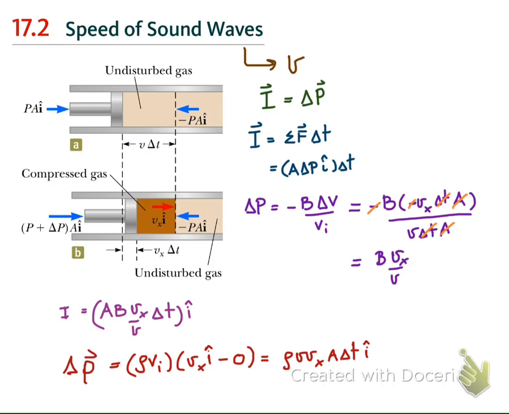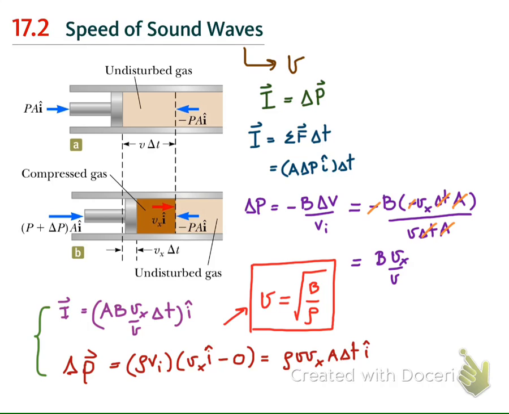Now, if we equate these two equations, setting I equal to delta P, and do some algebra and cancel the common factor, you can see that we will have the final result that V must equal the square root of B over rho.